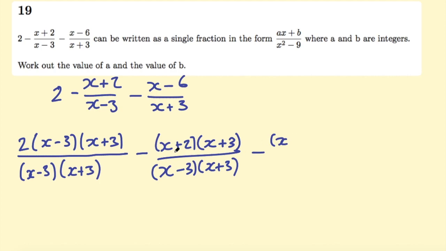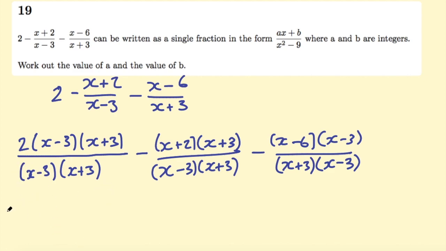So we've multiplied this here by x plus 3, so we've got the same denominators, and then multiply this one by x minus 3. And you can see already that we've got that denominator of x squared minus 9 because this simplifies to x squared minus 9.